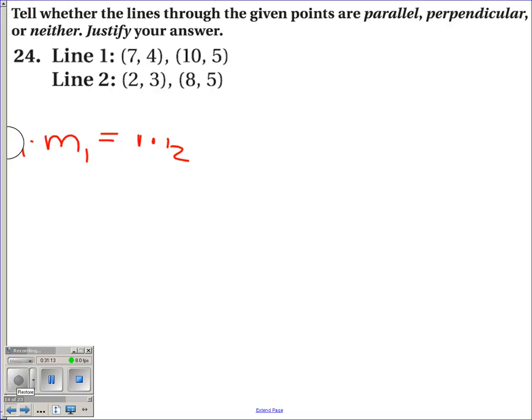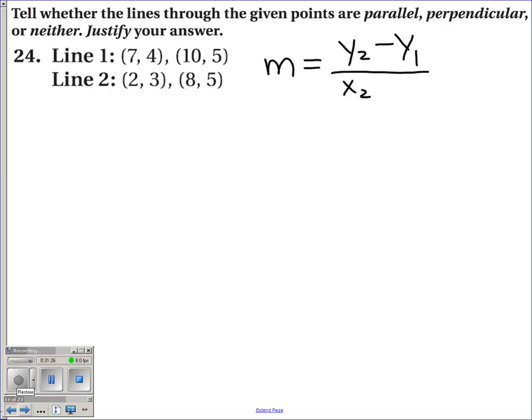Number one, we have to be able to find the slope given 2 points. So let's use the formula now, since we don't have a graph. y2 minus y1 divided by x2 minus x1. Remember, the definition is rise over run, and I would use that if I had a graph.